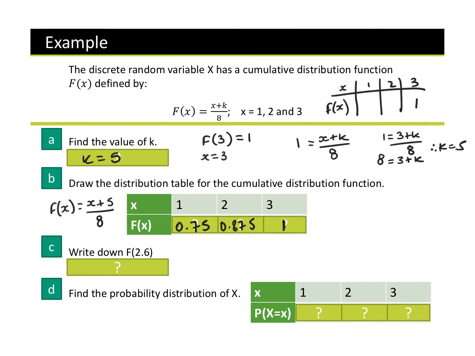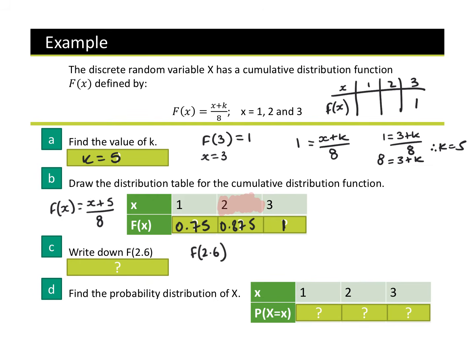Now it says, write down f of 2.6. So, if we're to write down f of 2.6, f of 2.6 can be found in here somewhere.